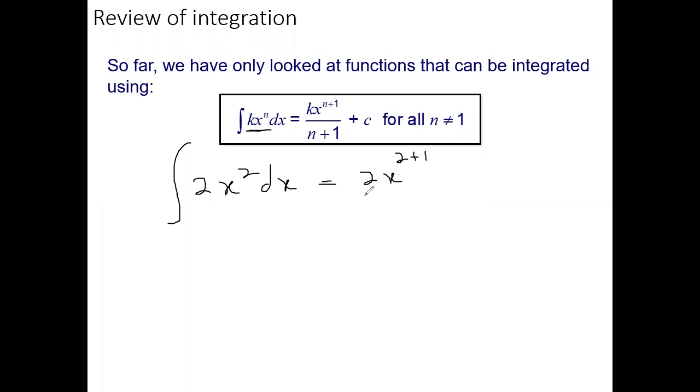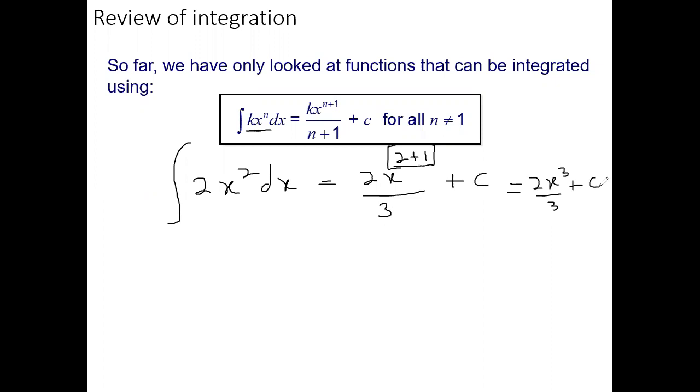Then divide through by the resulting exponent, which will be 2 plus 1, which is equal to 3. Then add what we call the constant of integration. So your final answer will be 2x cubed over 3 plus c.